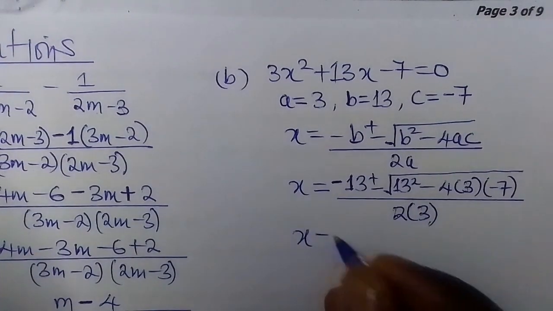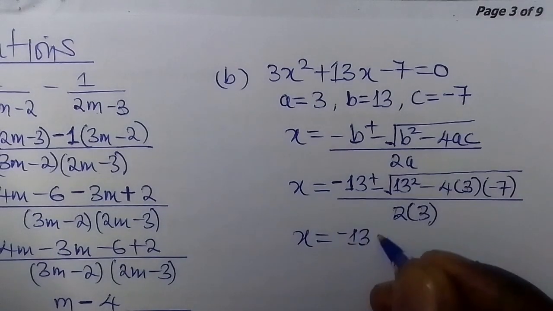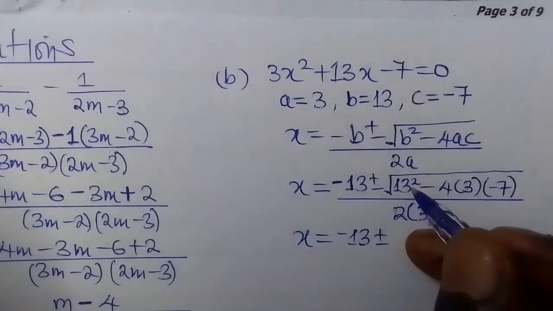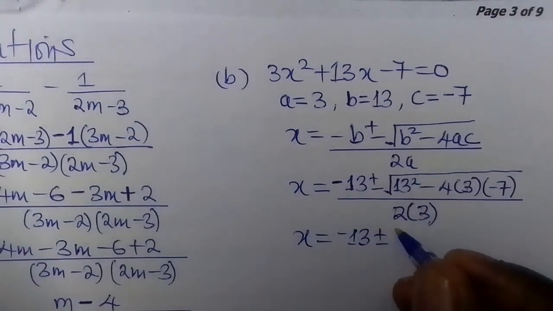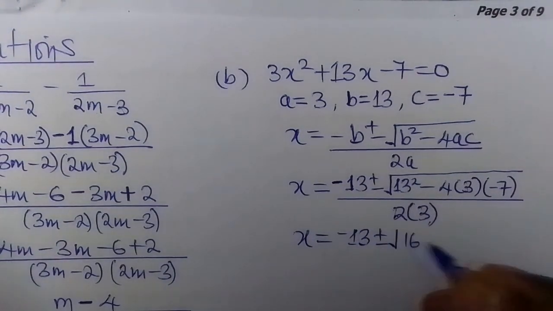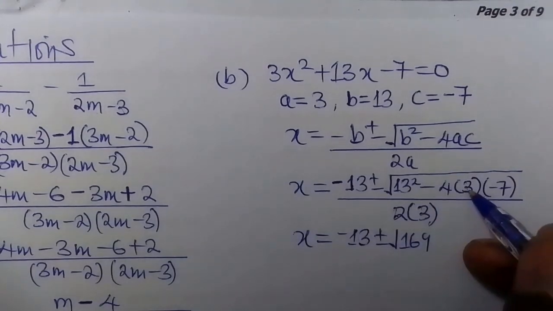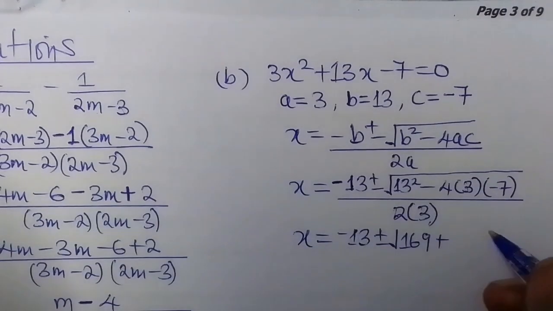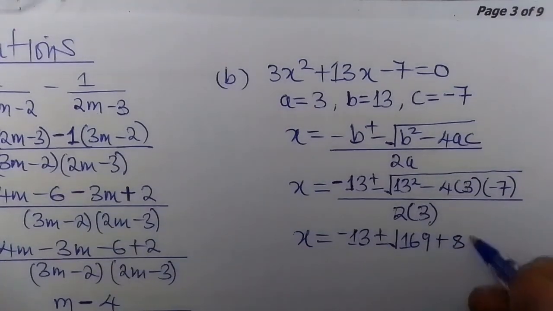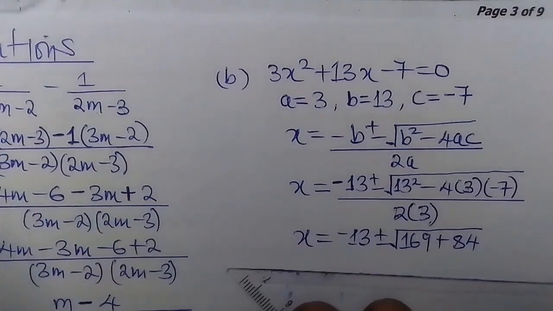Then this is going to give us x equal to -13 plus or minus 13 squared. 13 squared gives us 169. So we're going to have 169 here. Then -4 times 3 times -7 gives a positive 84. So we add this.